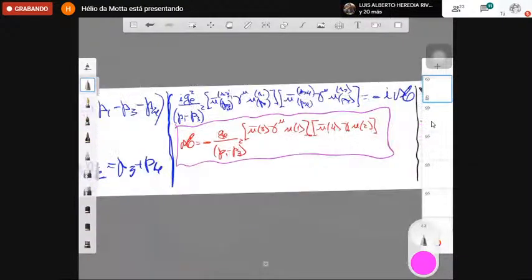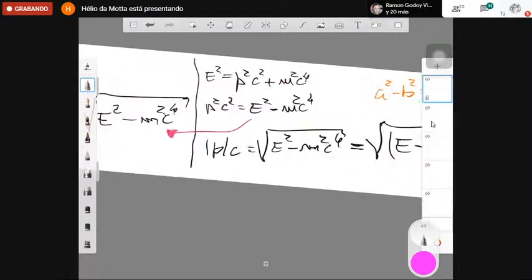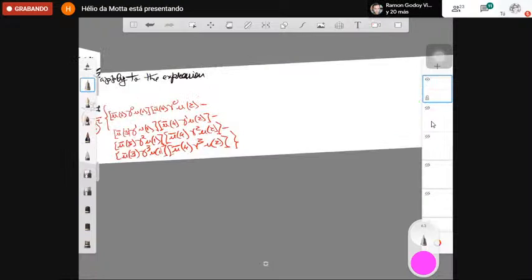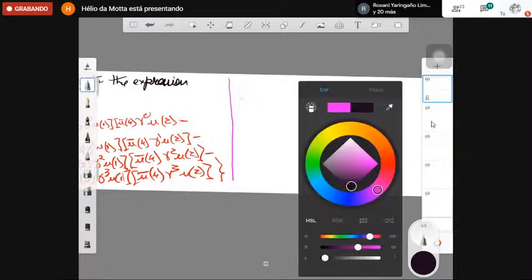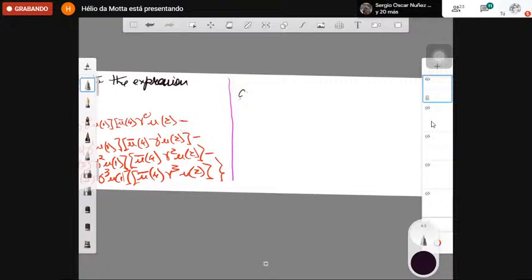When you have a quadri-momentum or a quadri-whatever, let me see if I can write it here briefly, just for people not to get lost. So if you have a momentum or a vector, let me call it a vector, not to make things more complicated. If I have a vector A that is AX i plus AY j plus AZ k.